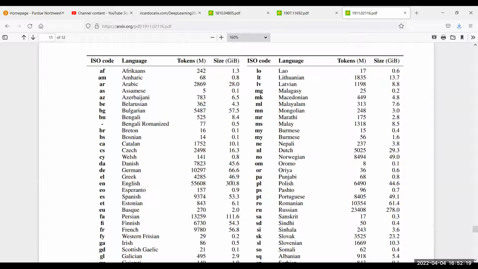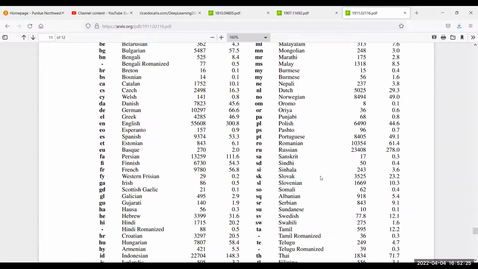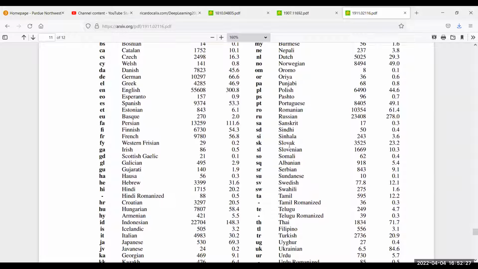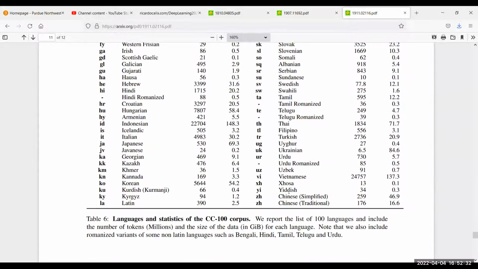It's the dominant one, obviously, versus something like Afrikaans, which is 1.3 gigs. And another language that's dominant here is Russian. Russian is 278 gigs, but something like Chinese traditional is only 16 gigs. So obviously the model is going to be influenced by that, right?